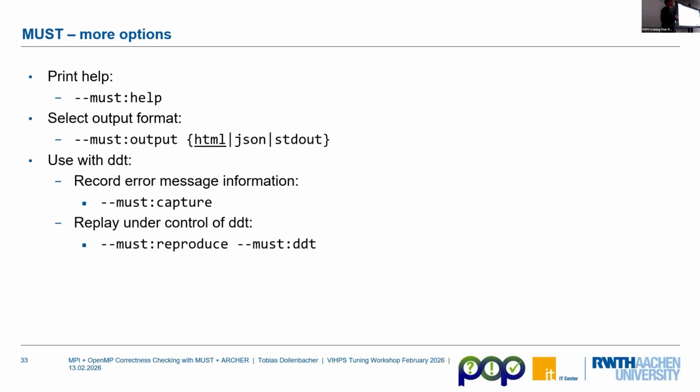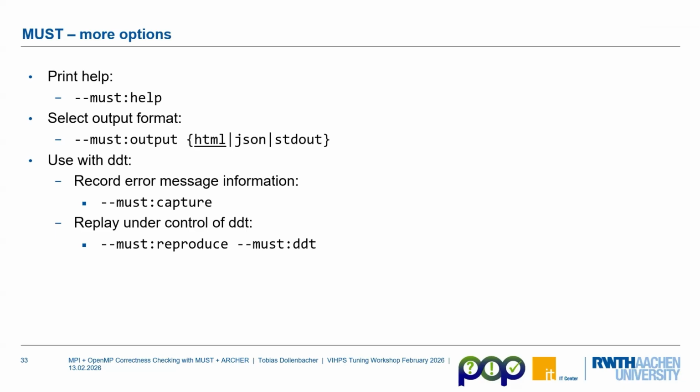We also have some options that you can use with the parallel debugger DDT, which Joachim, can you help me again on that? I think I've never used MUST with DDT. So the problem to use MUST with DDT is that most of the time we spot the issue later than it actually arises.